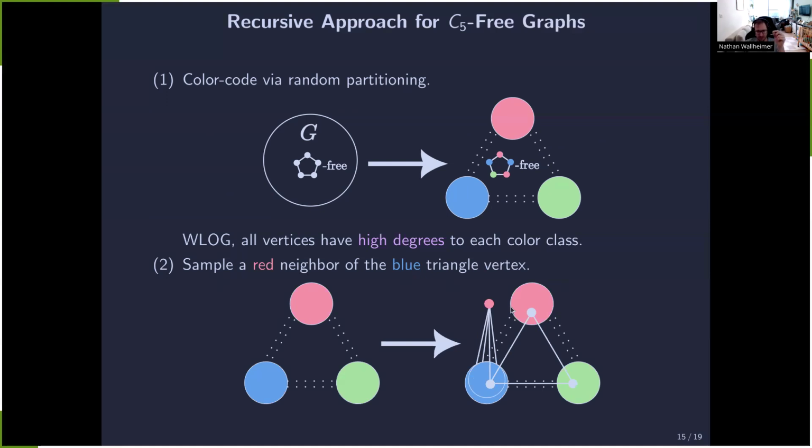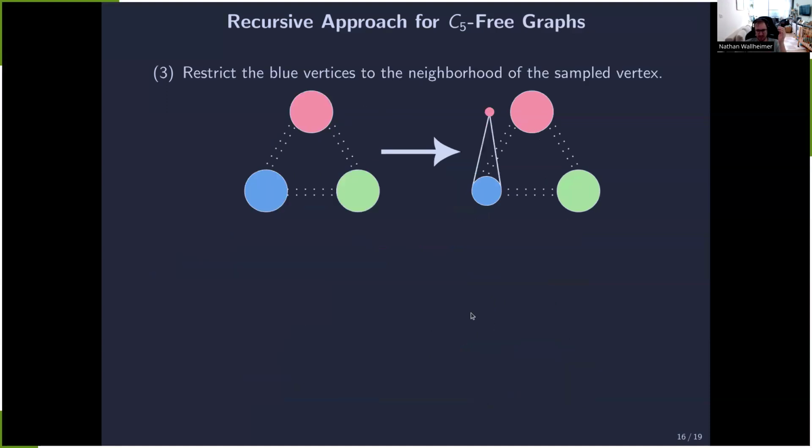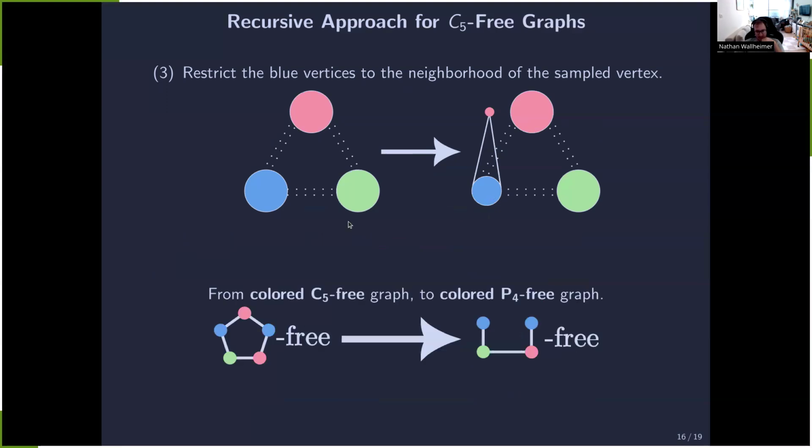And what does it mean? It means that we can throw away all the non-neighbors of this red vertex. So we started with a graph G prime on the left and ended up with a graph G double prime on the right. But since the graph on the left was 5-cycle free from this coloring that you see, the graph on the right is P4 free.